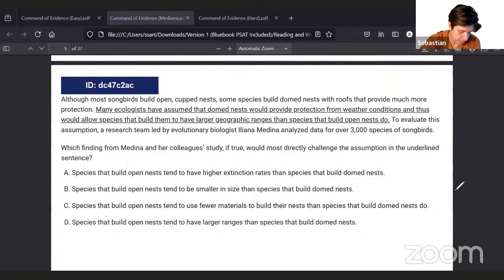And then you have B: species that build open nests tend to be smaller in size than species that build domed nests. Okay, interesting. C: species that build open nests tend to use fewer materials to build their nest than species that build domed nests do. And then D: species that build open nests tend to have larger ranges than species that build domed nests do.